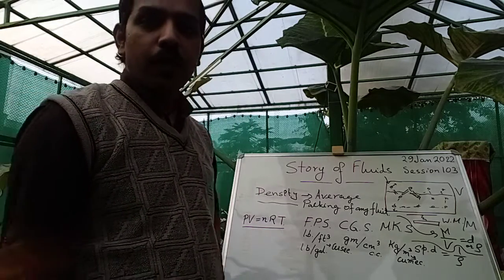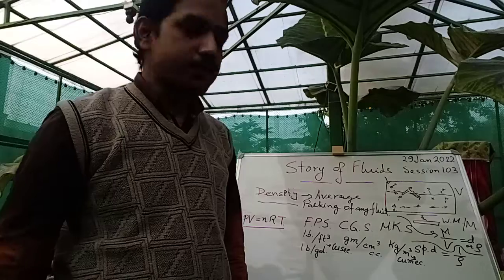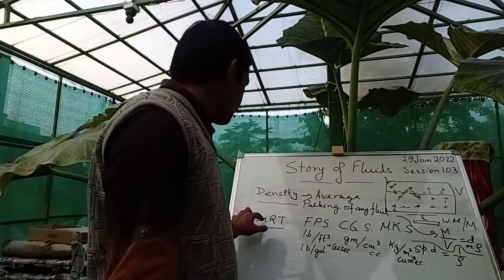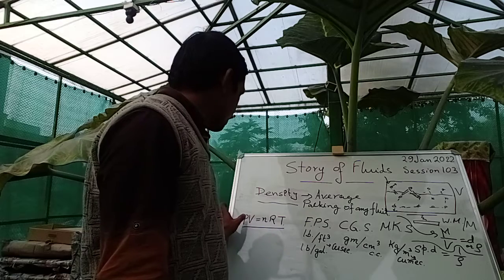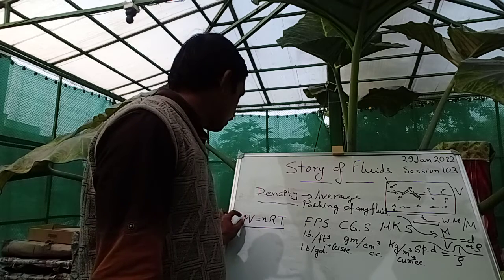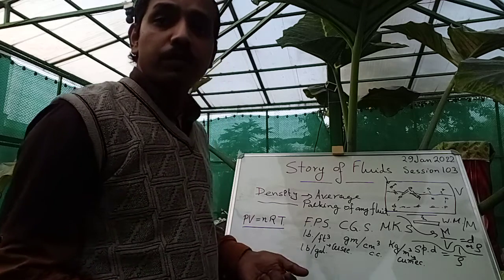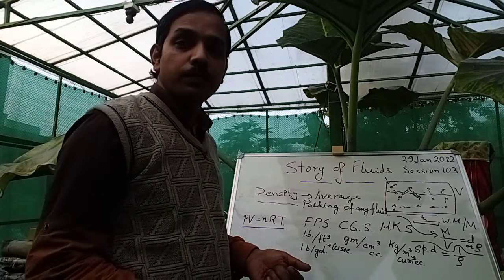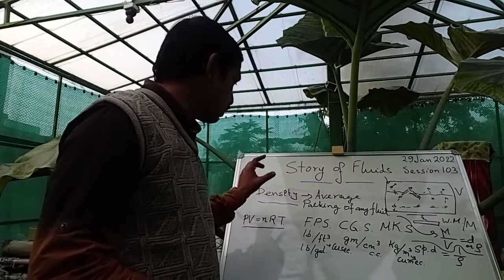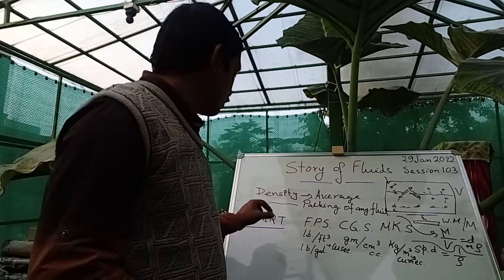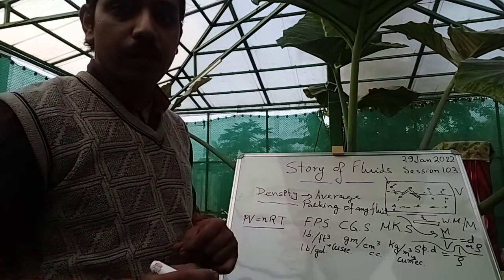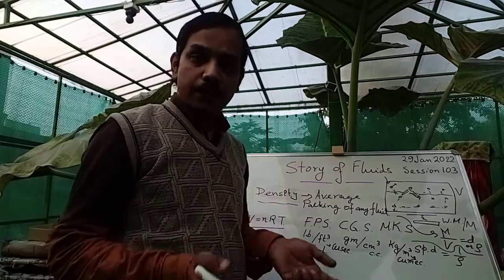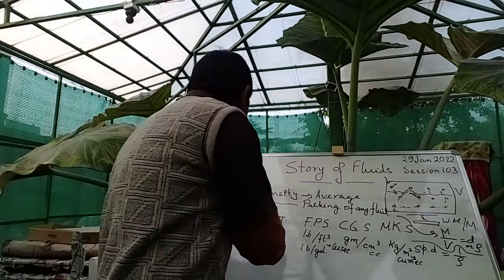Mostly for liquid, the volume remains constant. This does not matter very much. Pressure also, because we cannot generate more pressure and squeeze the volume. So PV varies interactively mostly for the gases.